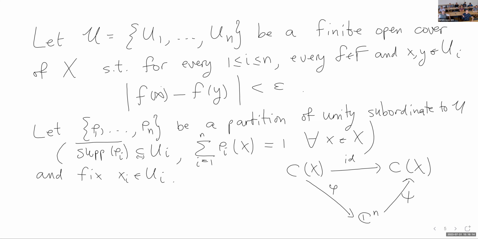I want this diagram to commute up to epsilon on the finite set F. Just remind us which maps are what. Phi is linear, completely positive for the moment. They're just going to be completely positive. In fact, there will be much more, but that's what you require.